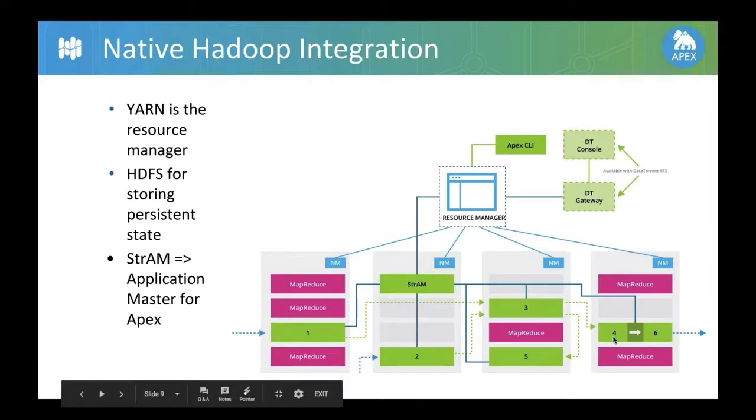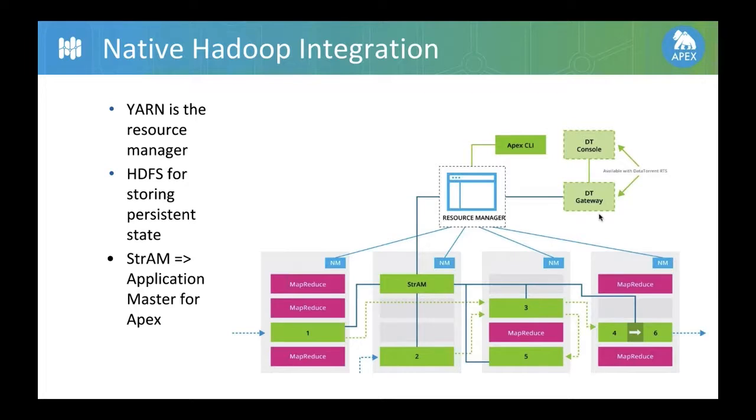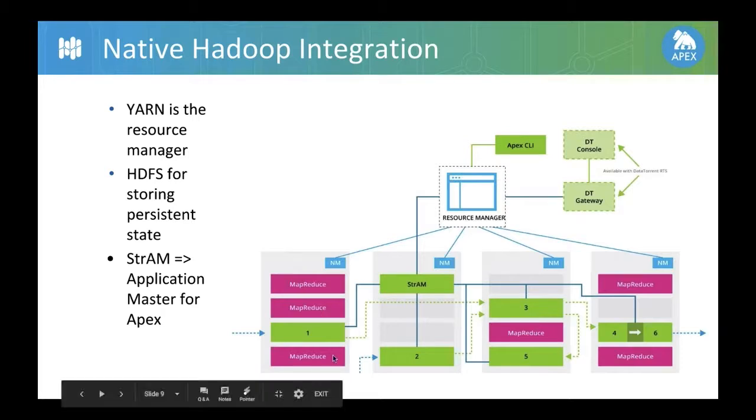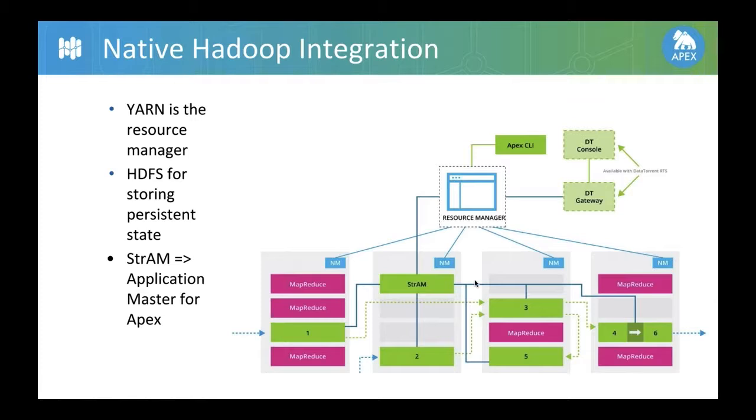So Apex does provide support for having multiple operators in a single process as well. Apart from that, we have some MapReduce, which simply means that we can also run other jobs like MapReduce on the cluster without impacting the Apex application.